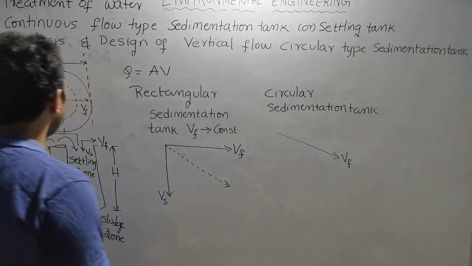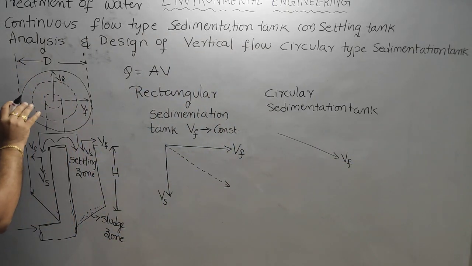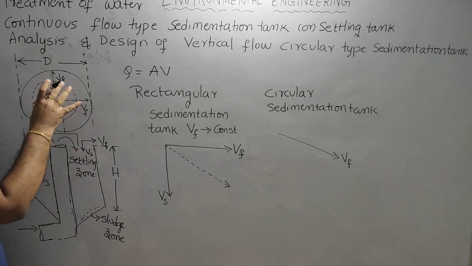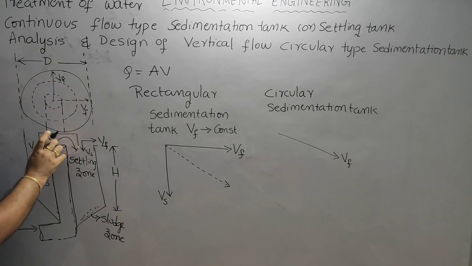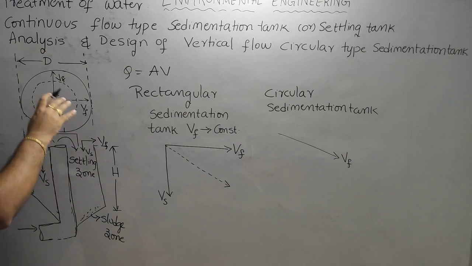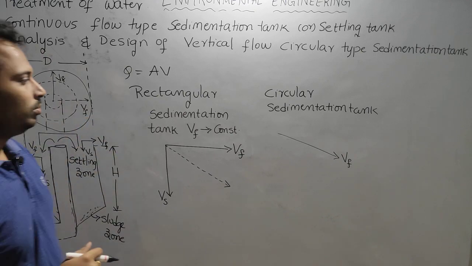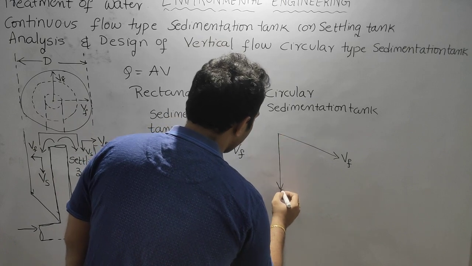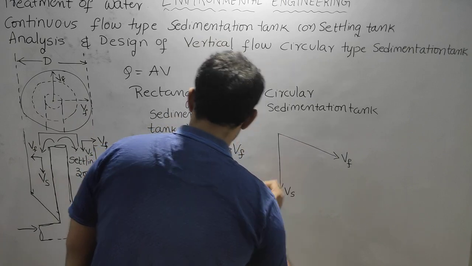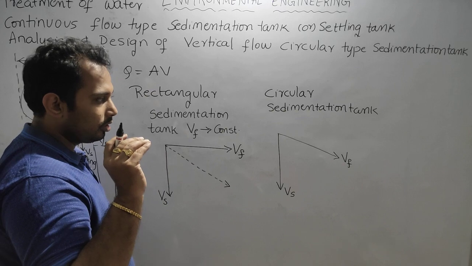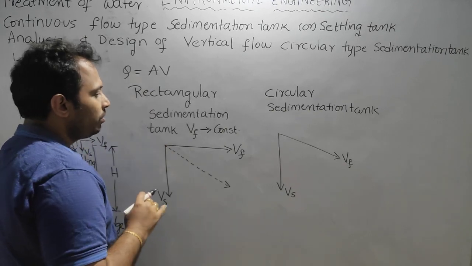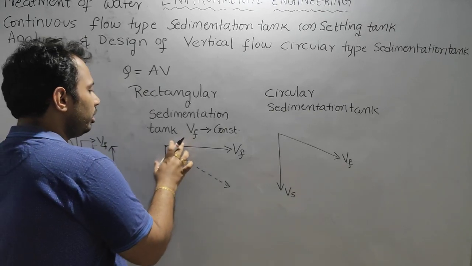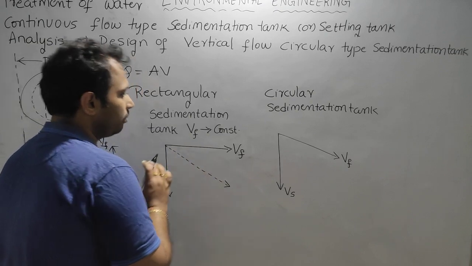Vf, when it is moving away from the inlet towards the outlet, it is decreasing. But the Vs is constant here also. It is constant for a particular size of a sediment. So here both are constant, that is why the resultant is a straight line.